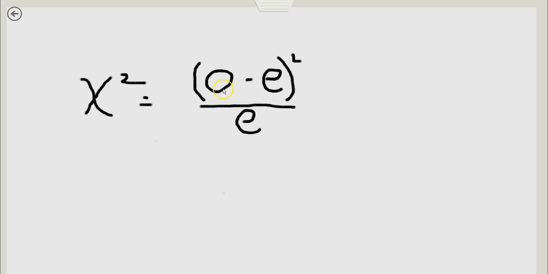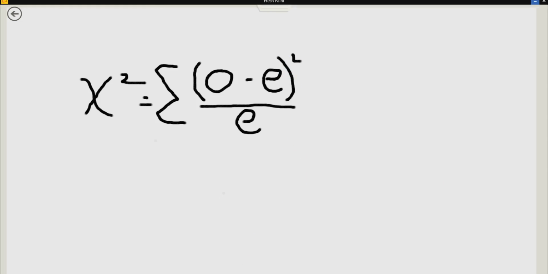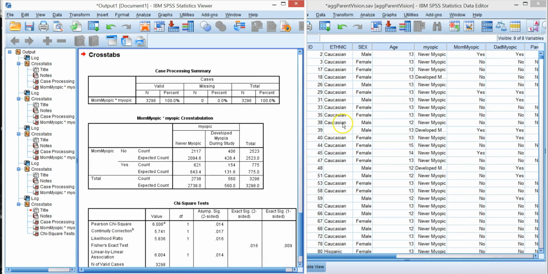Then you add it up over all the cells, and that's the chi-square. It was invented by Pearson. He also did the correlation coefficient, and he also did this chi-square formula.